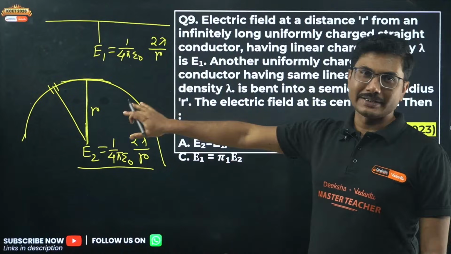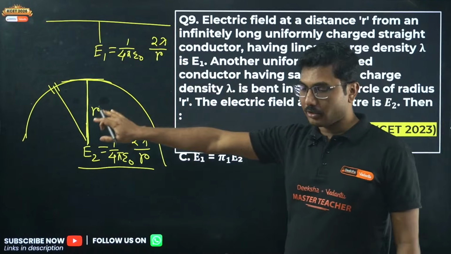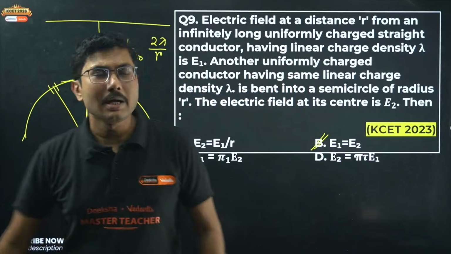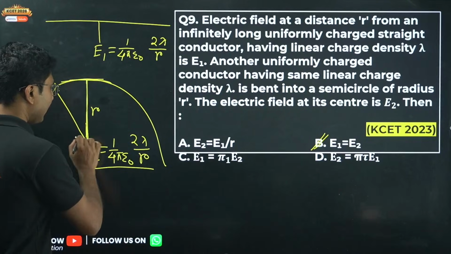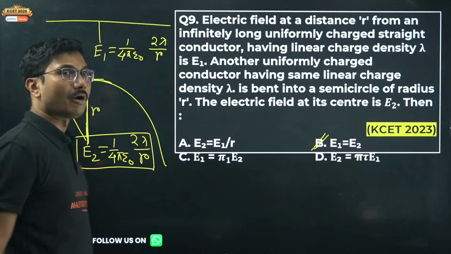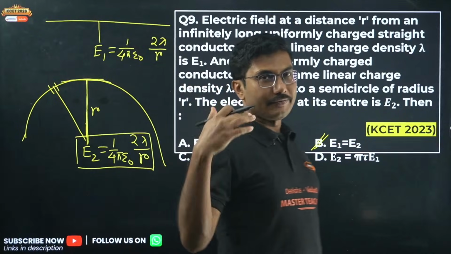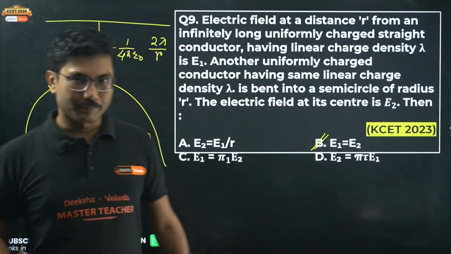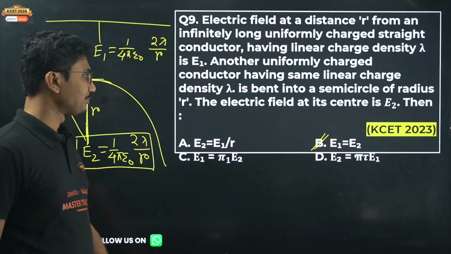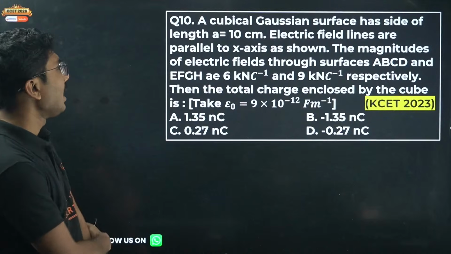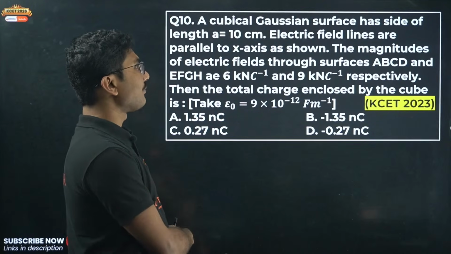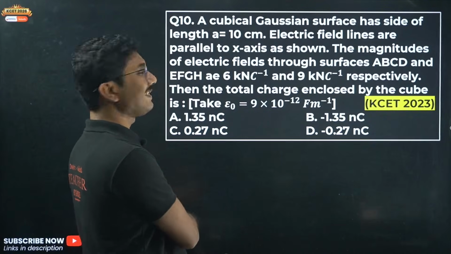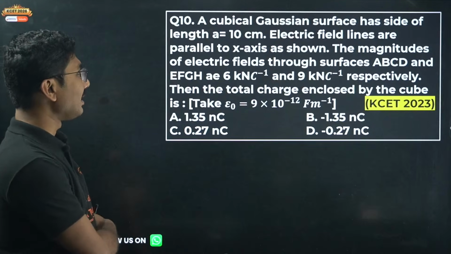It is not a very simple question if you consider only the merit of the problem, but this is a simple trick to remember: if the wire is long and the electric field is given, then even if you bend it, the electric field should remain the same. That is a trick that you can remember. Now next question, a cubical Gaussian surface has a side of length A equals 10 centimeter.